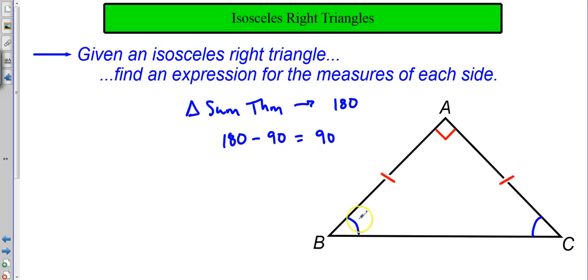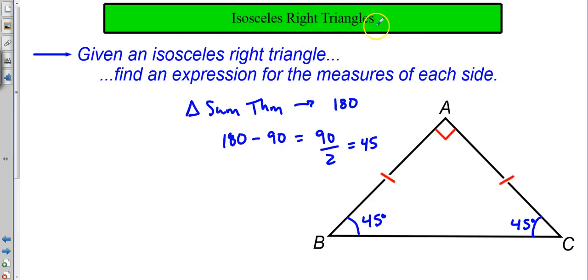Well, what does that mean? We know that these are congruent, and when we add them up, they're going to be equal to 90, so each one of these base angles is actually going to be equal to 45 degrees. We just chop 90 degrees in half, and we get 45 degrees. So that's going to be the degree of the base angle.